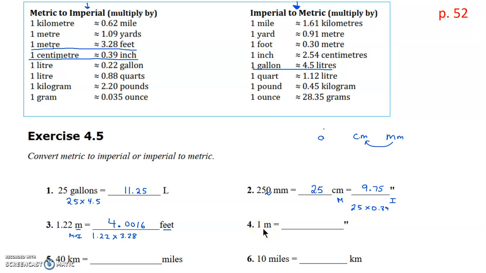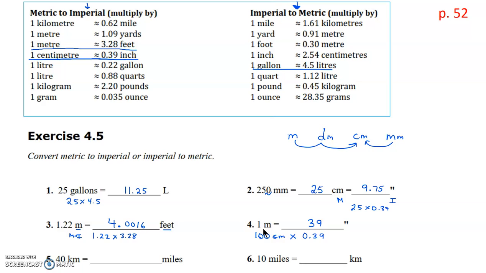So if we remember on our metric line, we have decimeters and then we have meters. So meters to centimeters is 2 places to the right. So 1 meter is 100 centimeters. And now we can use the conversion of centimeters to inches. 1 centimeter is 0.39 inches, so we can multiply 100 centimeters by 0.39, and that's going to give us 39 inches.